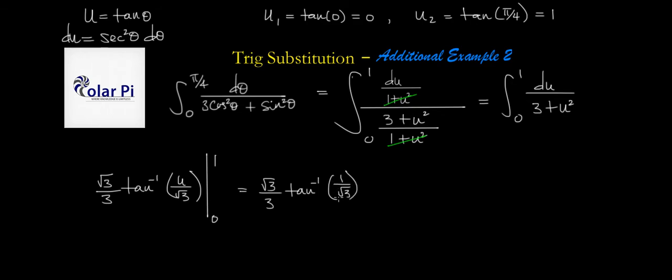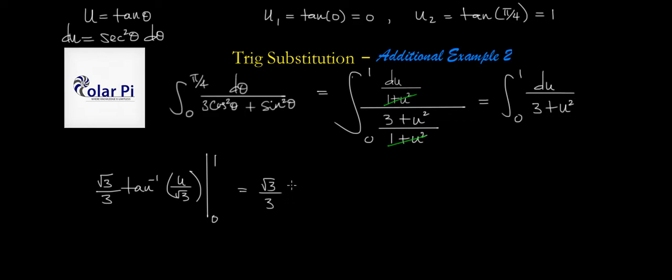What's that? We're definitely working with a 30, 60, 90 degree triangle, and we want the opposite side to be 1 and the adjacent side to be root 3. So we're talking about 30 degrees, which in radians is pi over 6. So instead of tan inverse of 1 over root 3, I'll write pi over 6.